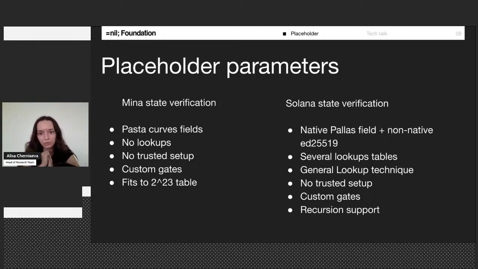On the other side, you can see Solana state verification. Solana uses the Ed25519 field, and it's not good even for KZG, nor for FRI, so we need non-native arithmetic. And as we have non-native arithmetic, we can choose what we like. In our case it would be the Pallas field, because the modulus of the Pallas field is bigger than the modulus of Ed25519.